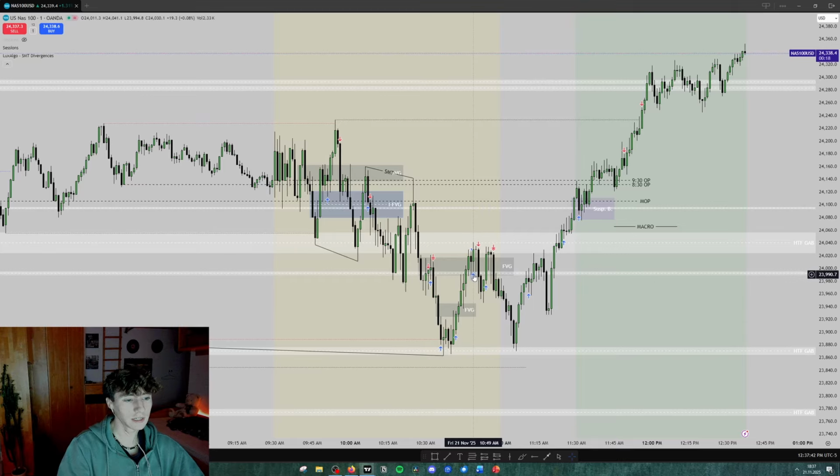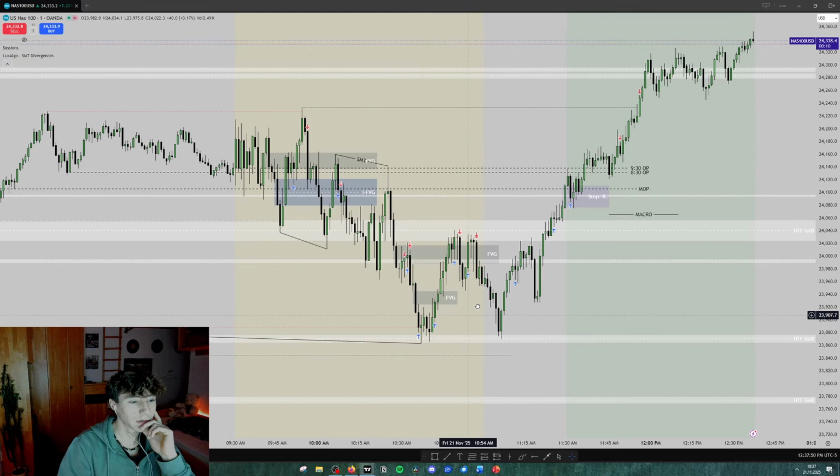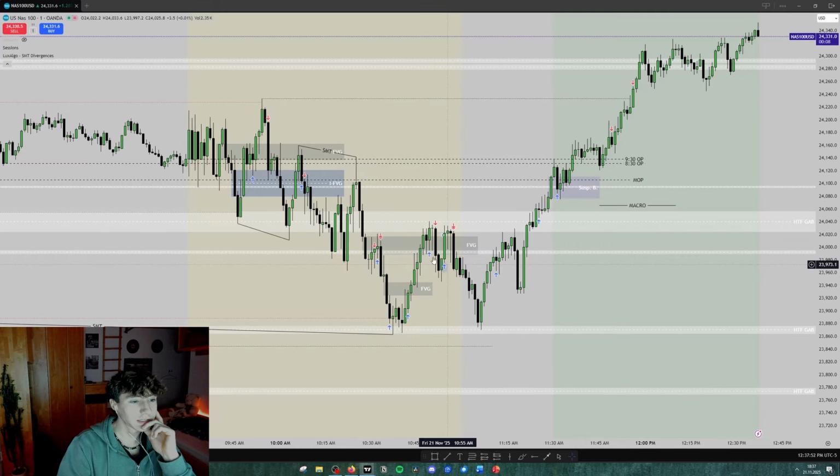The longs right here, I'm not really sure about them. I think we have the right setup, but it's a bit too much chasing price in that case as well, because we are really early, so 10:50 and still basically before 11.